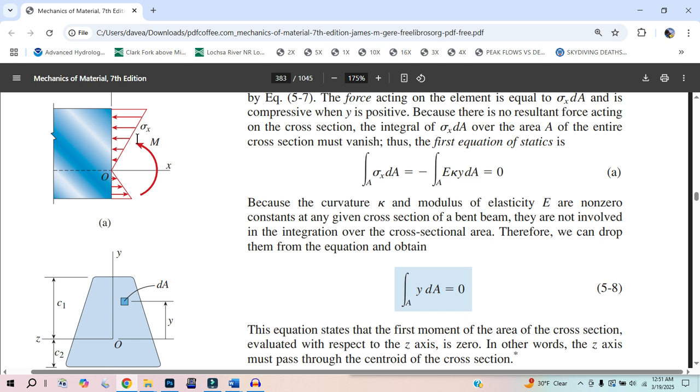If I know the stress and I know the area, slow down. Stress is PSI, pounds per square inch. If I multiply pounds per square inch times square inches, I get pounds. So this sigma, stress times area, is force.